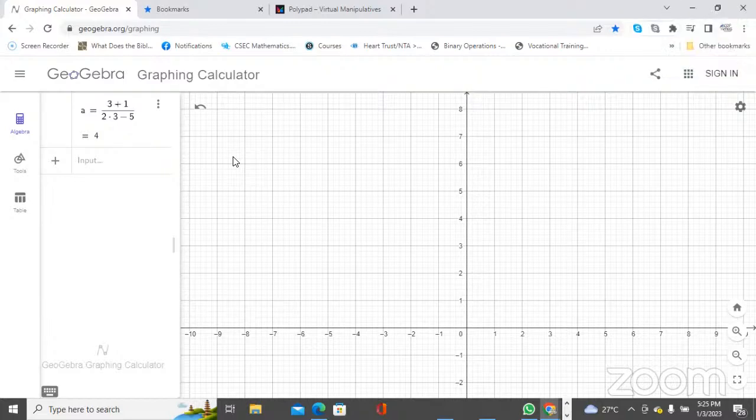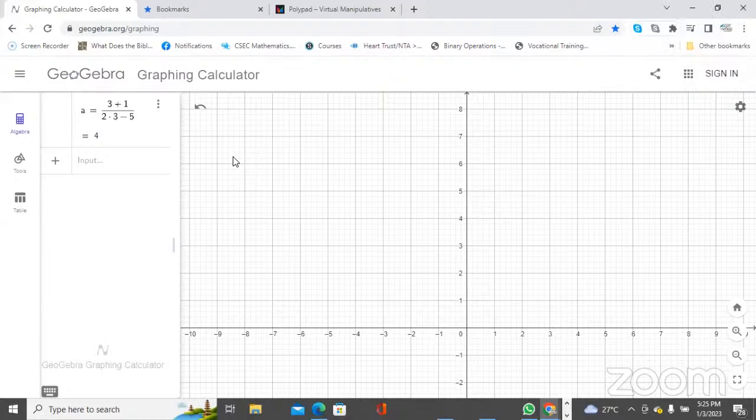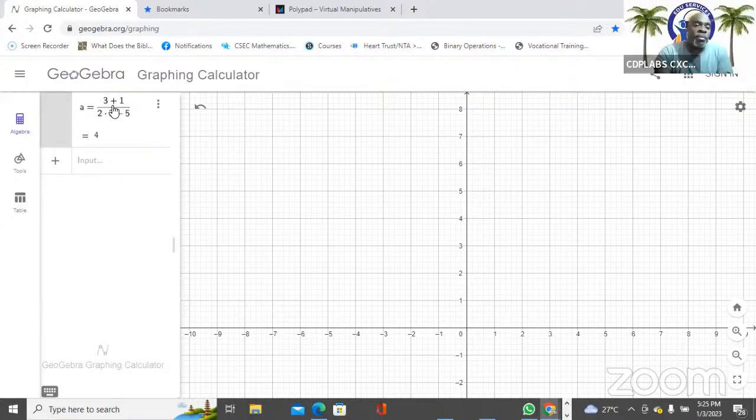Yes. All right. So what it's saying to us is that when x is 3, then the value of y is 4. That's what it is saying. So let us remove the 3 and put back the x and see if that is true. So we're trying to remove this x.